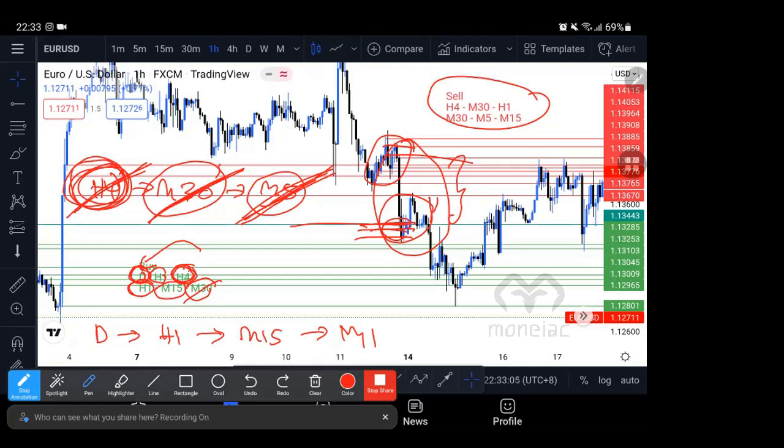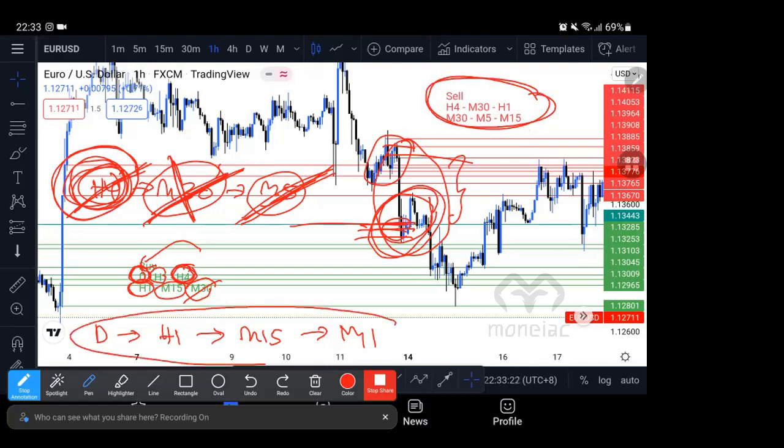So what is happening over here is maybe the price only broke the M30. We have an indication because we also have a sell setup over here, which we are waiting to break.